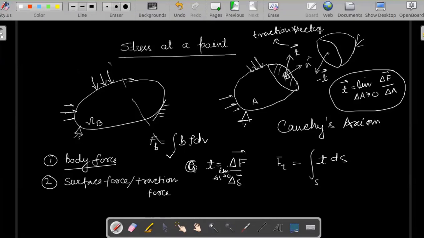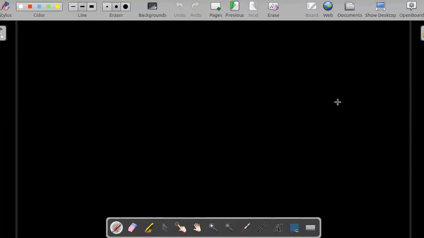Okay, so we have seen what the traction vector is, and this whole hypothesis postulate is given by Cauchy, and it is also known as Cauchy's axiom.